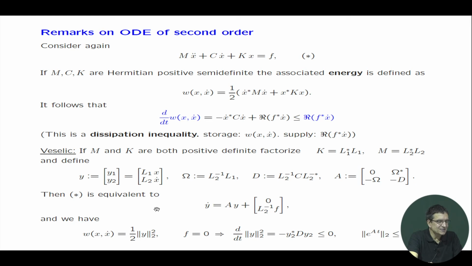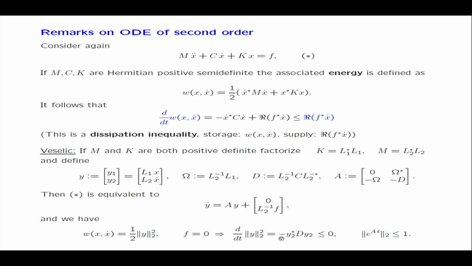Then if the external force is 0, the time derivative of the energy, or now the Euclidean norm, is given by this formula. Here you have the damping, and this is less than or equal to 0 because D is still positive semi-definite, and we have a minus here. This means with this new definition, the length of the Y vector is decreasing with time.